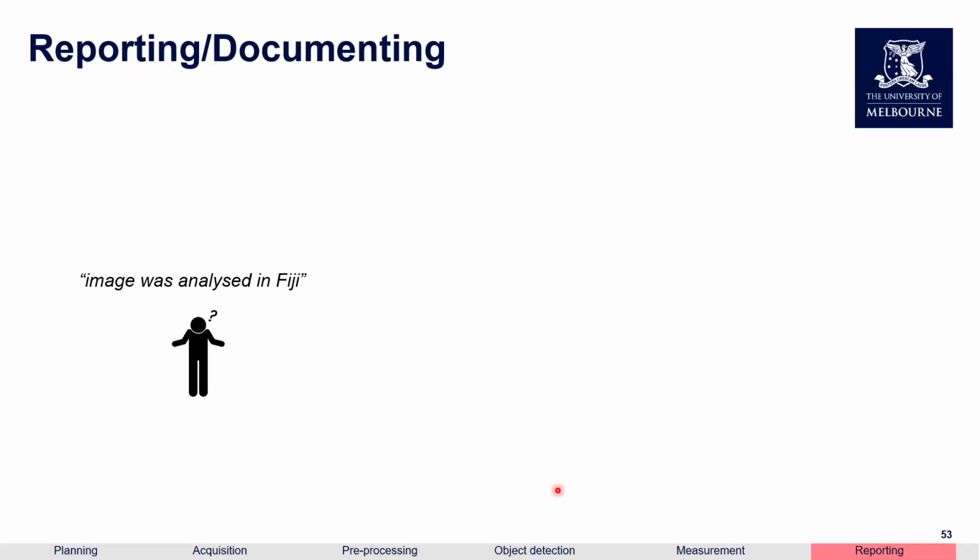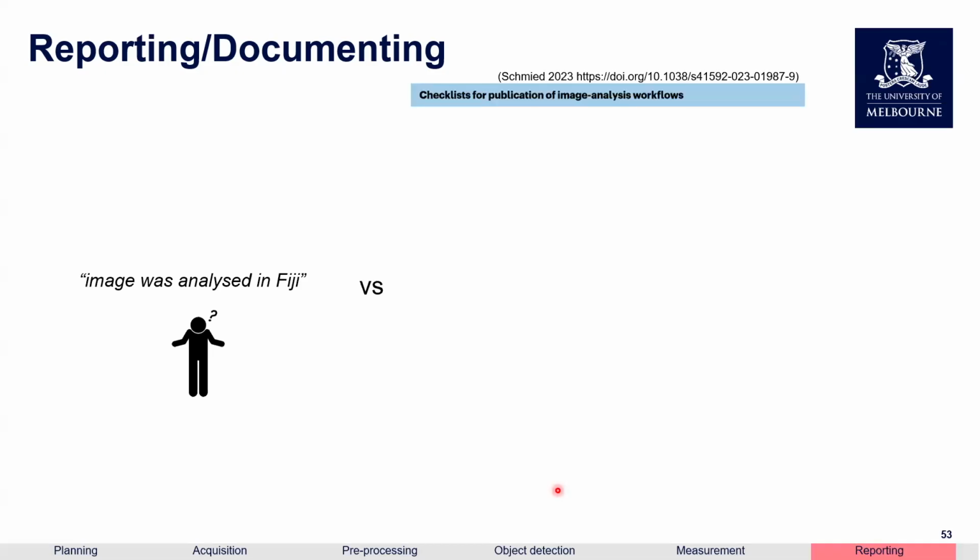Sometimes the only description is something like 'image was analyzed in Fiji'. So there's a lot of problems with that. To address these issues, the bioimage analysis community developed a checklist, which was published in Nature Methods 2 years ago to improve reproducibility.